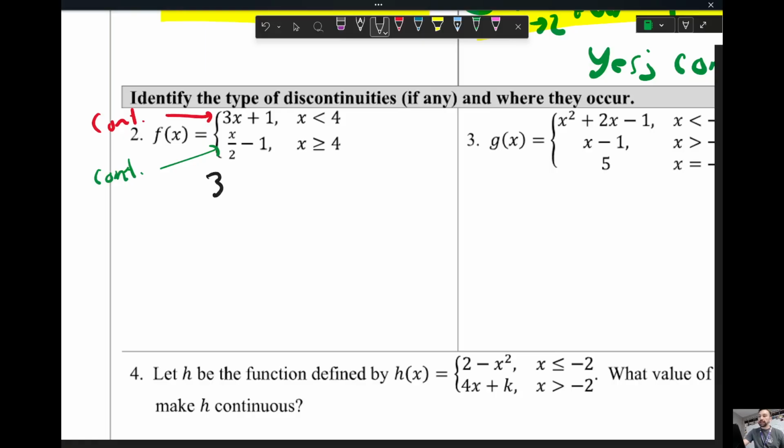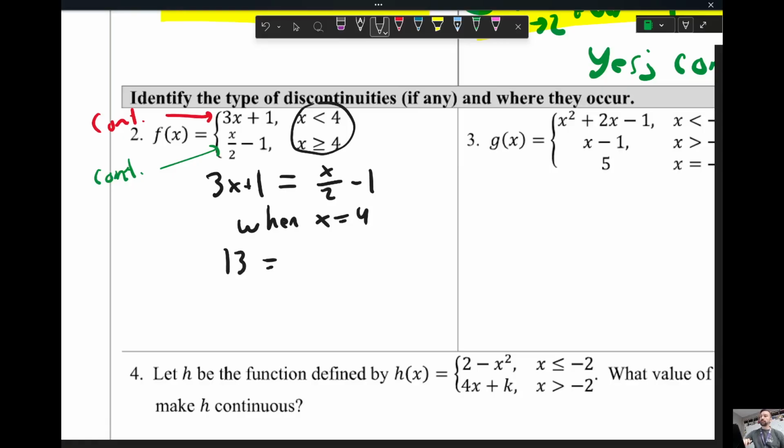We're just going to be doing it algebraically. I need 3x plus 1, which is continuous, to be the same as this. But I don't care if they have the same y value normally. I only care if they have the same y value when they connect, when x is 4. So if I plug in 4, I get 13 on the left and 2 minus 1 on the right.